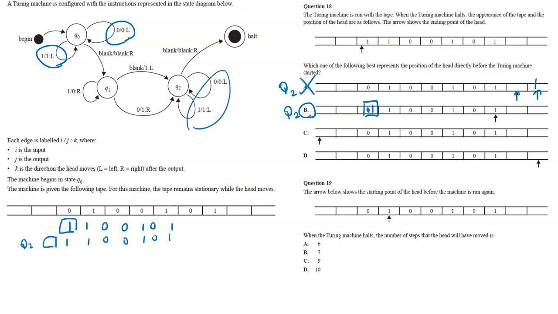Now these loops here say that we keep moving to the left if we see 0s. So we know then that we're going to end up down at this end of the tape somewhere. And we've got to work out which of these incoming instructions could have happened. Did we turn a 0 into a 1 and then move to the right? Or did we turn a blank into a 1 and move to the left?